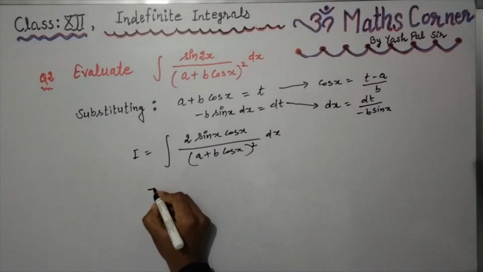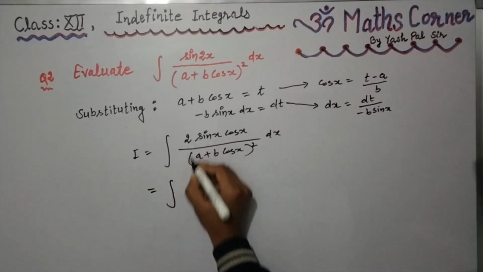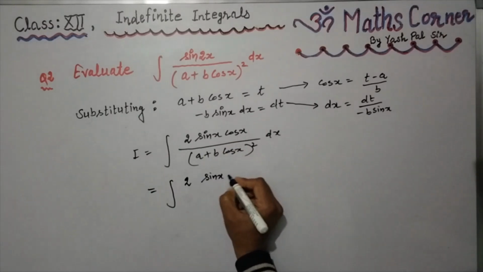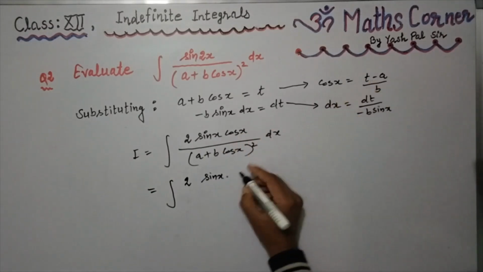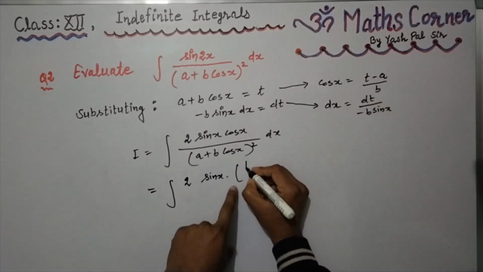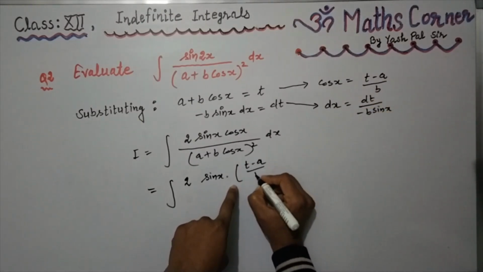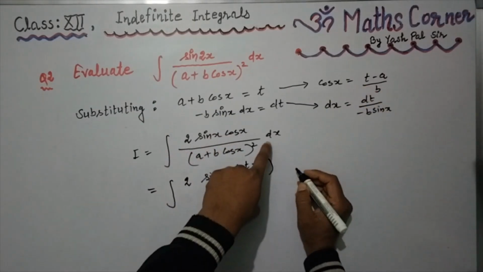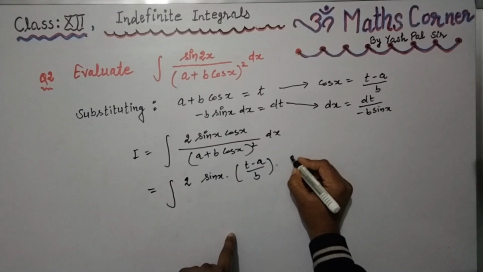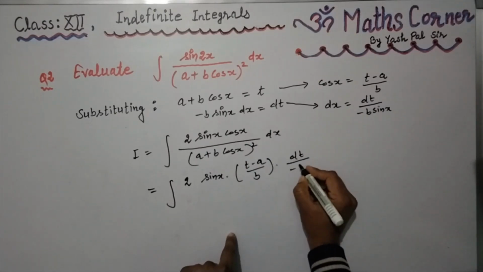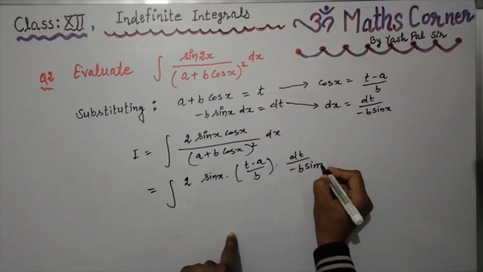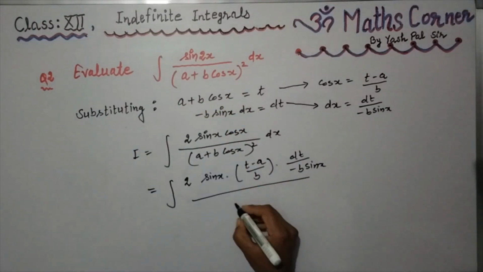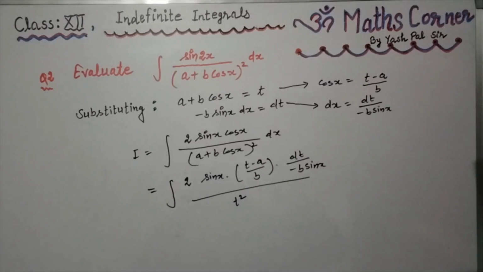We substitute these values here: integration of 2 as it is, sin x as it is, cos x value is (t - a) upon b, into dx equal to dt divided by minus b sin x, whole divided by a + b cos x, which is equal to t, so its square.